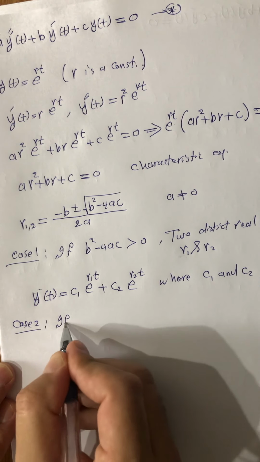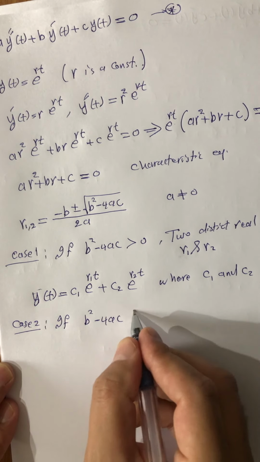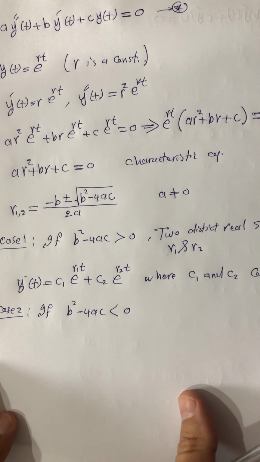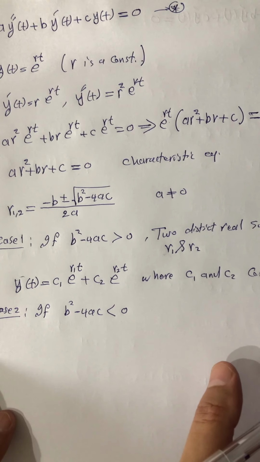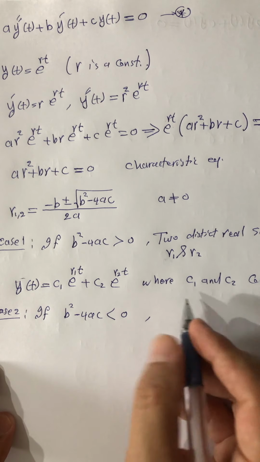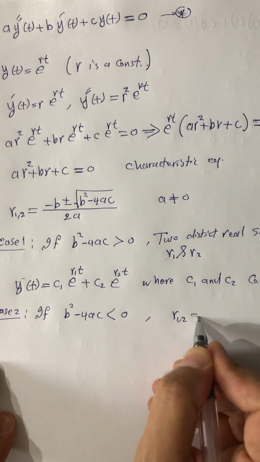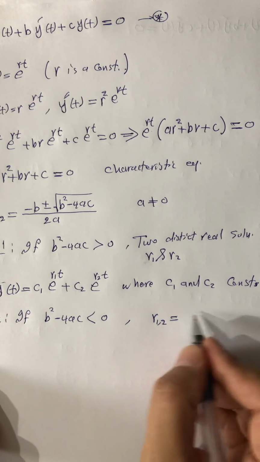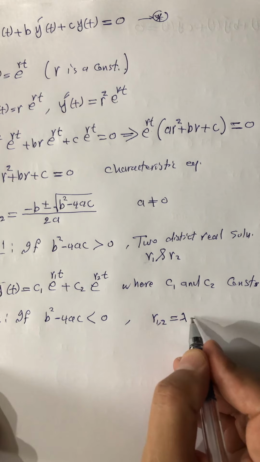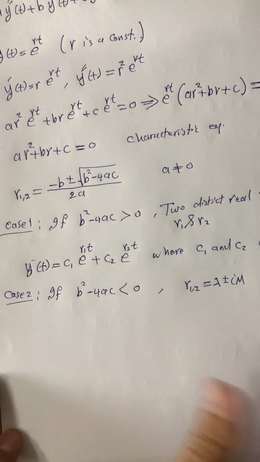Case 2: if b squared minus 4ac is negative, then we get two complex solutions, sometimes called complex conjugates. The solutions r1, r2 can be written in complex form as lambda plus or minus i mu, with real part and imaginary part.